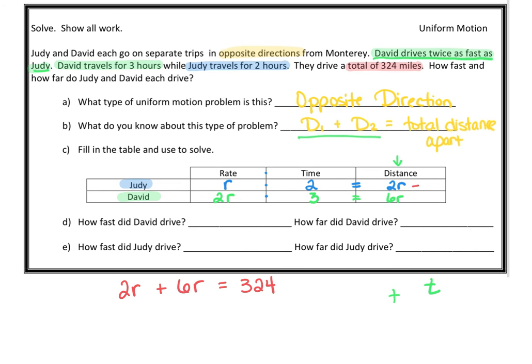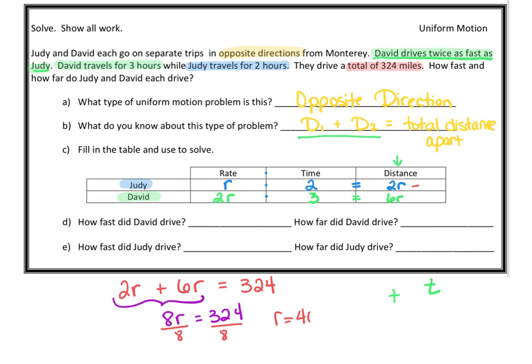Can I solve this equation now? Yes. How do I solve it? Right. Combine my like terms. 2r and 6r gives me how many r's? 8r equals 324. How do I solve for r then? Divide by 8. What is 324 divided by 8?